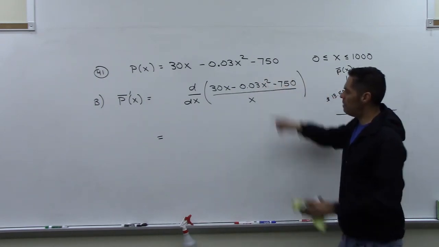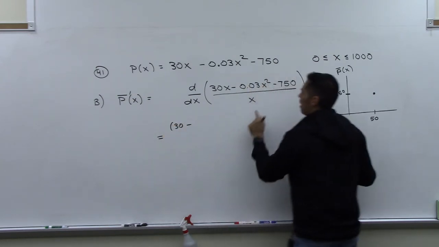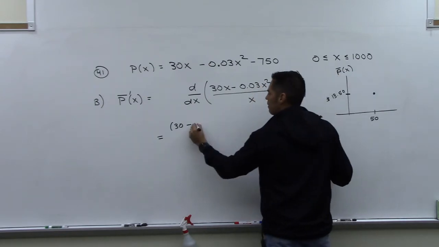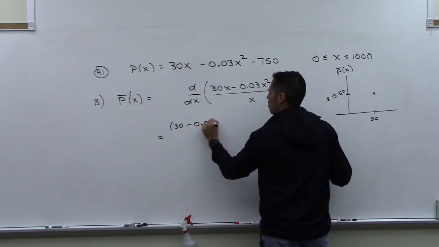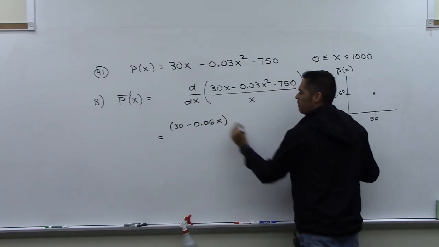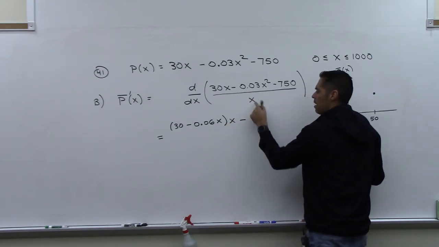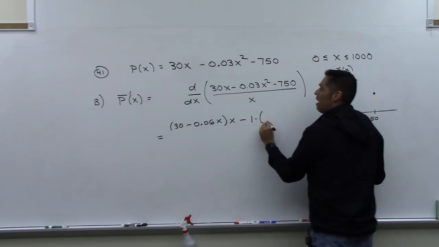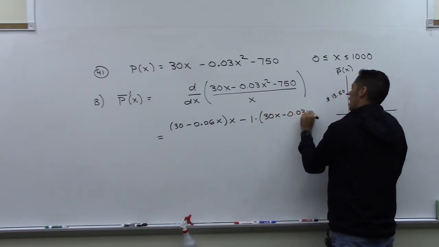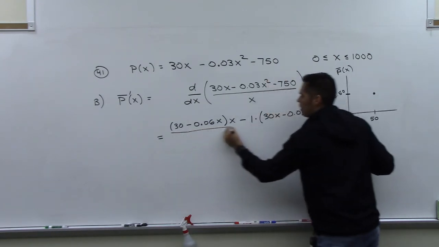The derivative of the top is 30 minus, now we bring the 2 out, 0.06x, and then the derivative of a constant is 0. So that's the derivative of the top, times the bottom, minus the derivative of the bottom, which is 1, times the top, which is 30x minus 0.03x squared minus 750, all over the bottom squared.